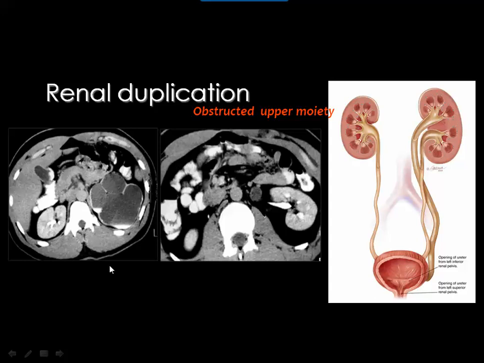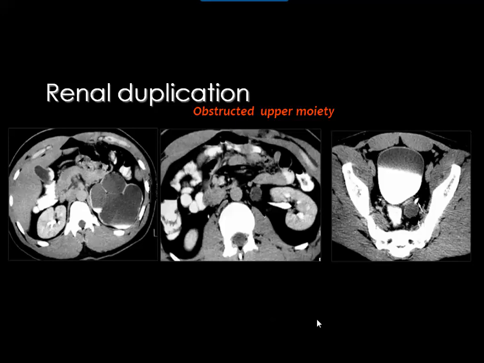In the CT scan you see here, the right kidney is good, but the left kidney is hydronephrotic. Lower down, you see that the kidney is good, meaning that you have two moieties. One is hydronephrotic and one is normal. And this is the ureter of the normal kidney, and this is the ureter of the hydronephrotic kidney.